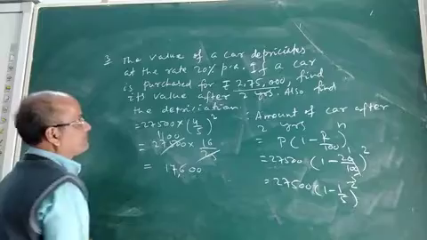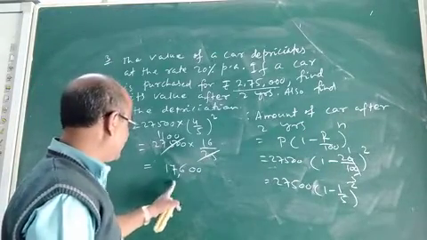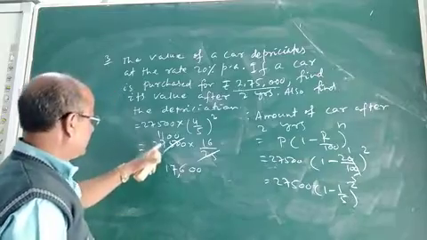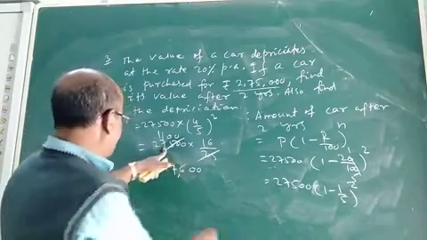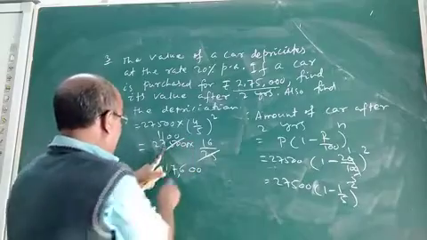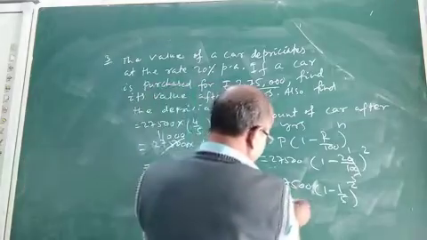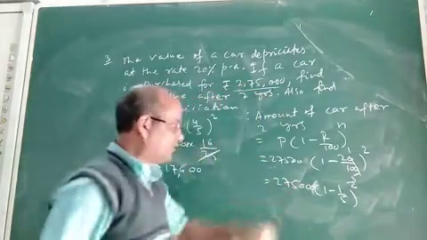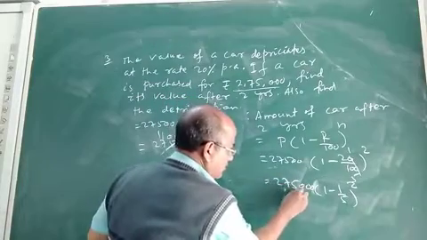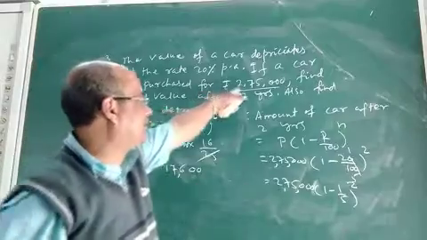See, look at what will be the value of the car after 2 years. P is 2,75,000. Yes, I forgot to put one 0.